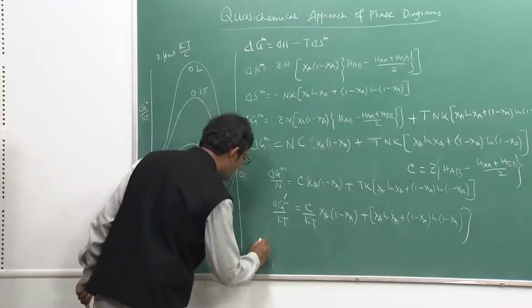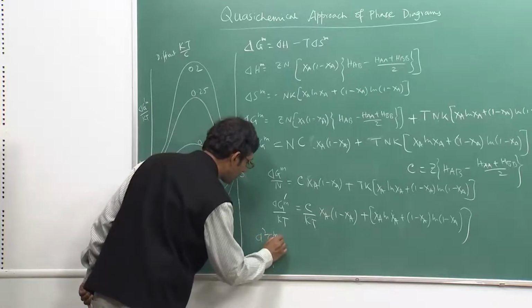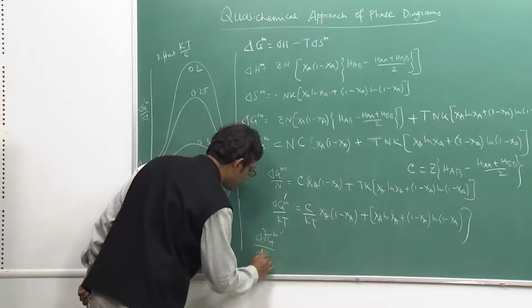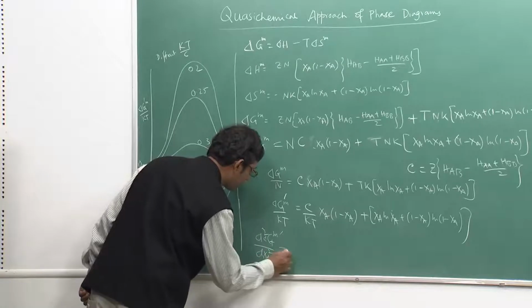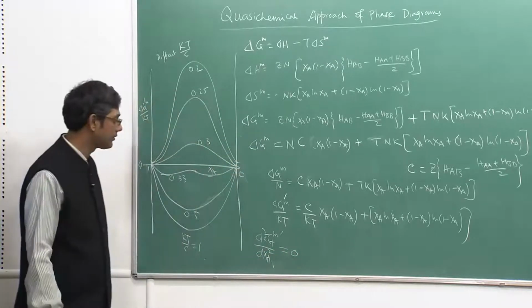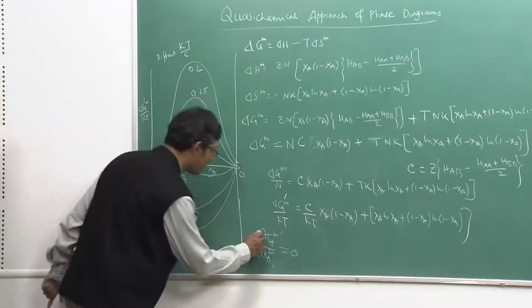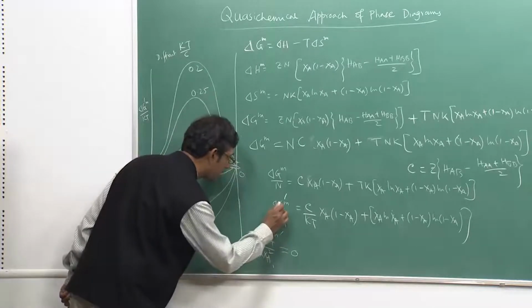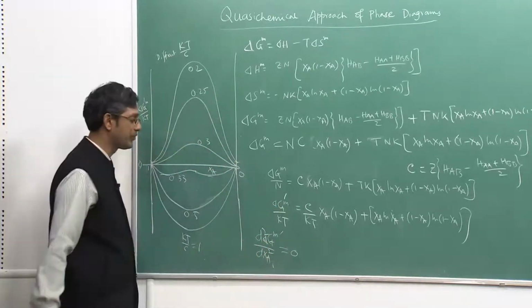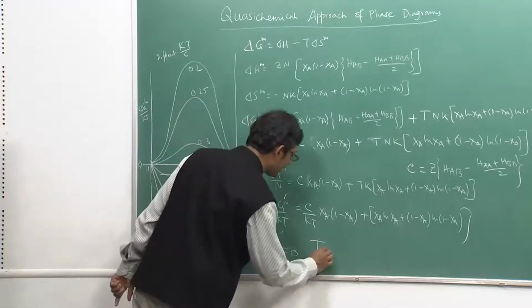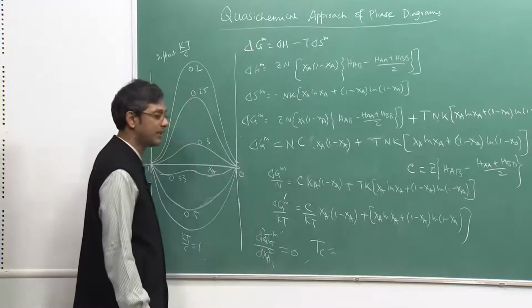So if you take this one at the inflection point to be 0, this is the double derivative of delta Gm with respect to composition, you will find the critical temperature Tc very easily.